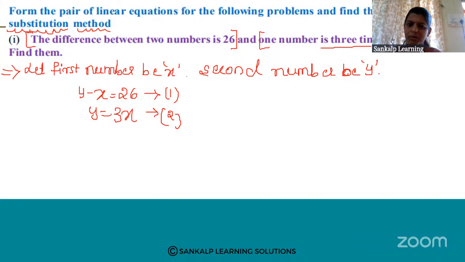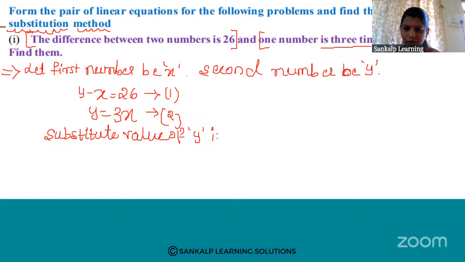The y value is 3x, so we will substitute the value of y in equation number 1, right? What is equation number 1? y minus x is equal to 26 is equation number 1.